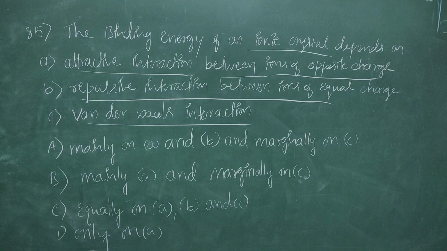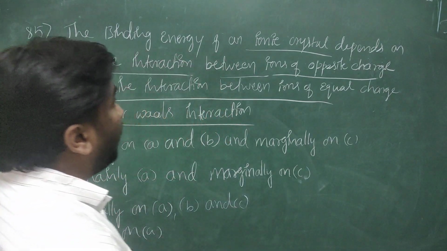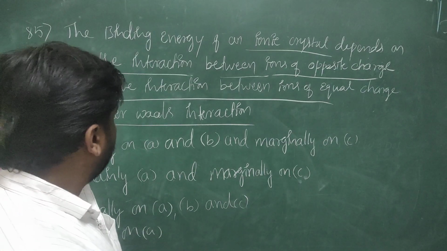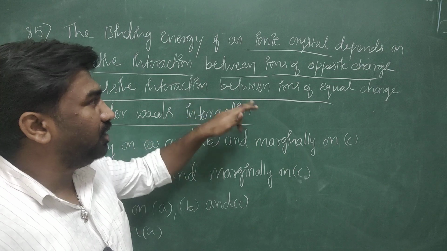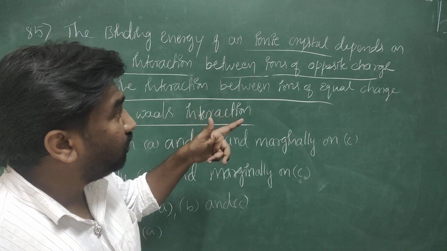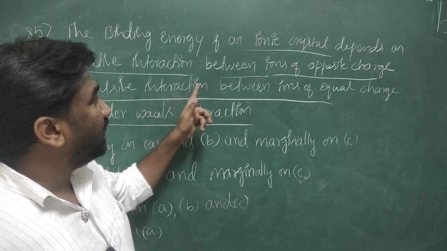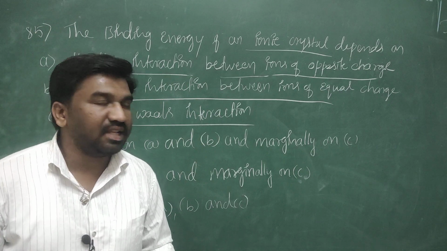Generally ionic crystals depend strongly on the repulsive interaction between ions of equal charge and the attractive interaction between ions of opposite charge.